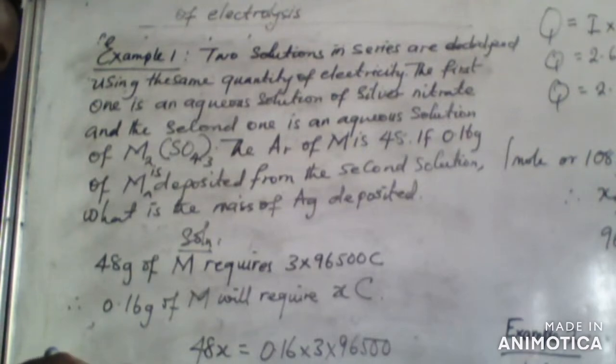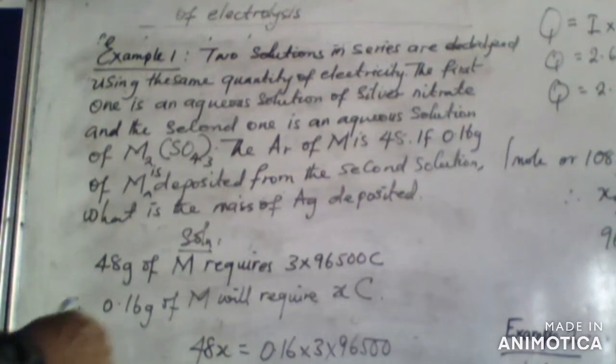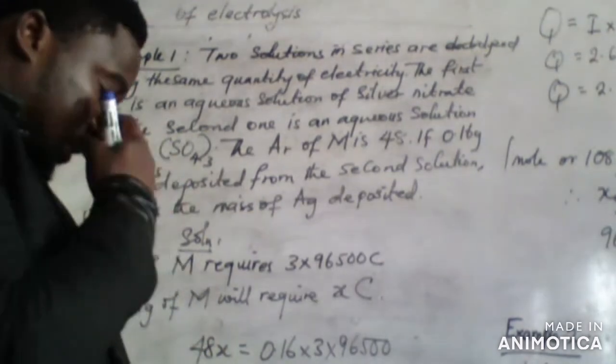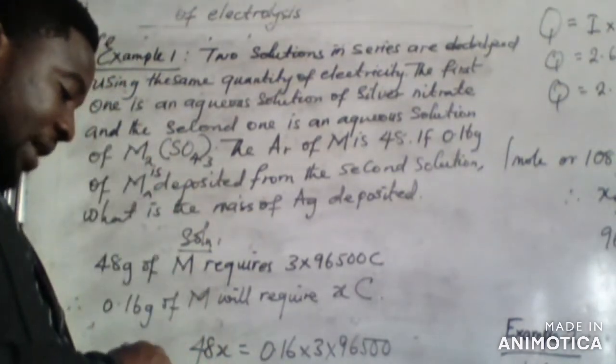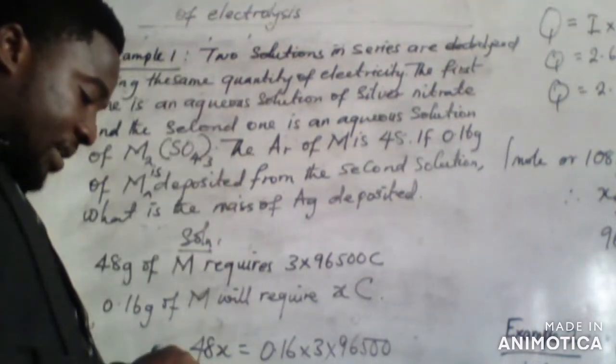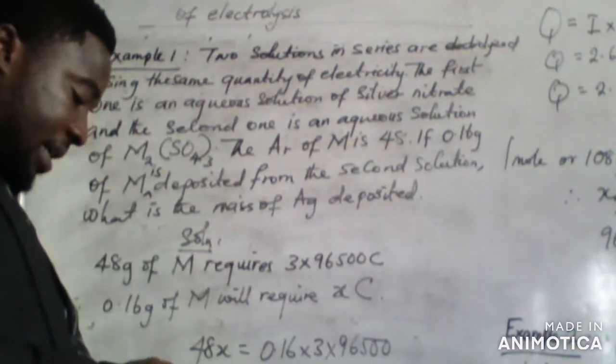All right, so we are looking for the final answer, and here we have 0.16 times 3 times 96500 divided by 48.